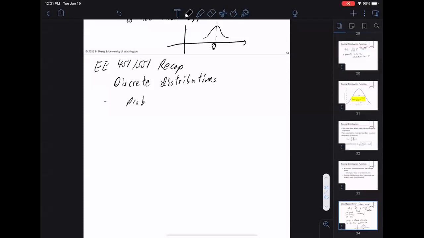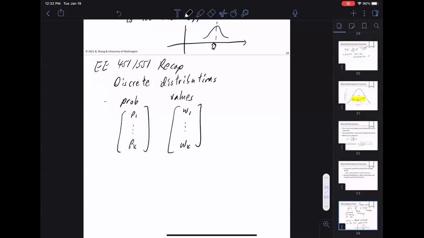We have a probability vector, P1 to Pk, and we have the values, so let's say W1 to Wk. Okay, so for each value, we associate a probability.